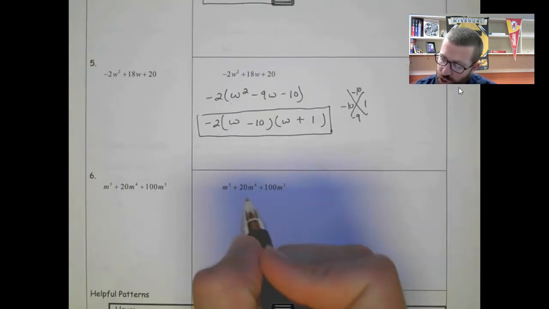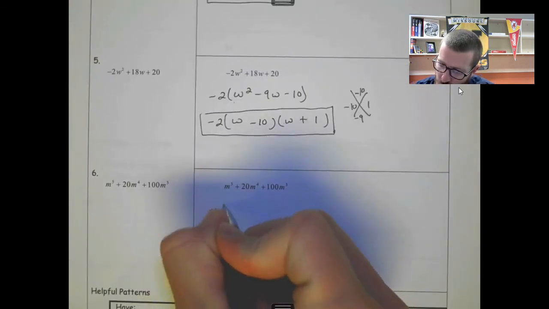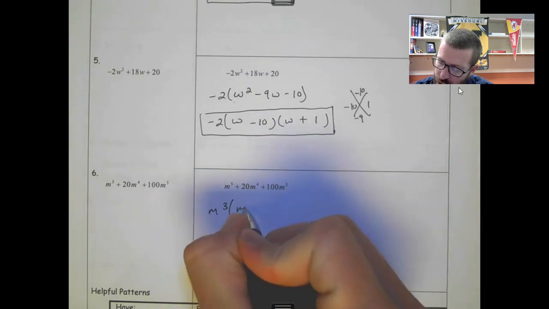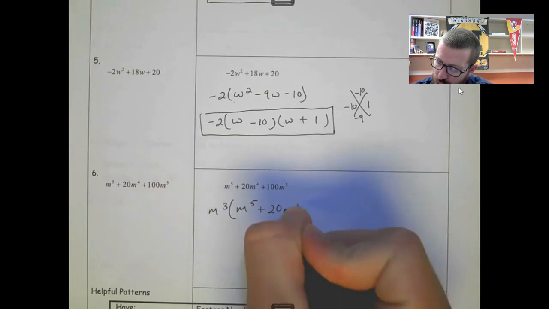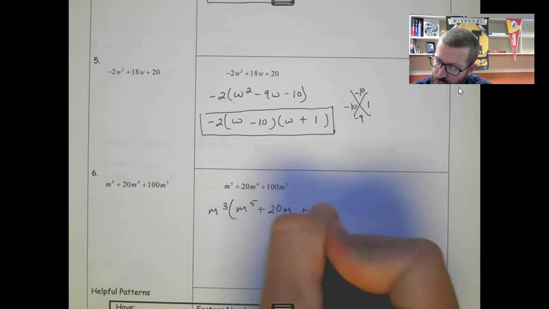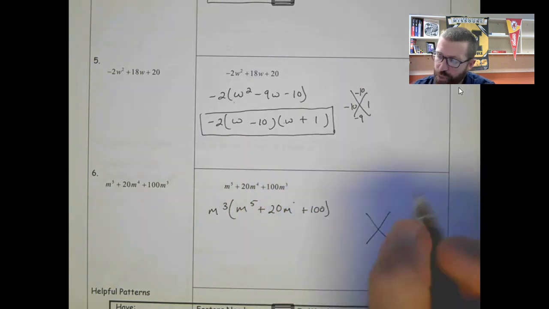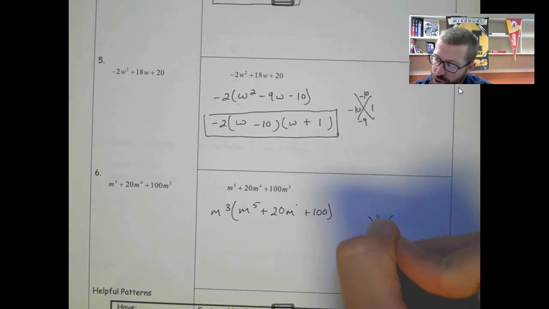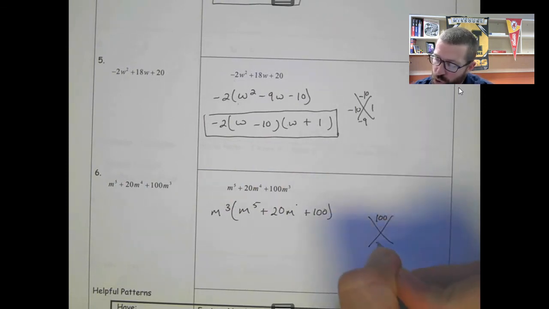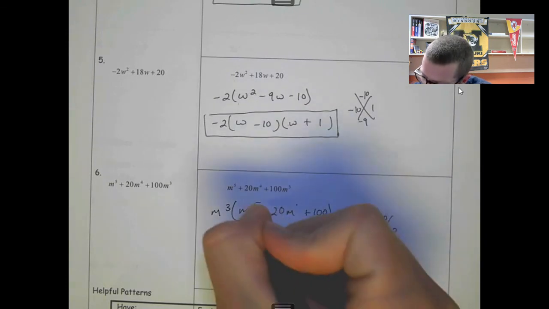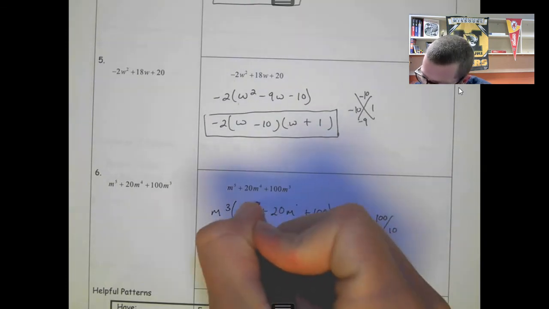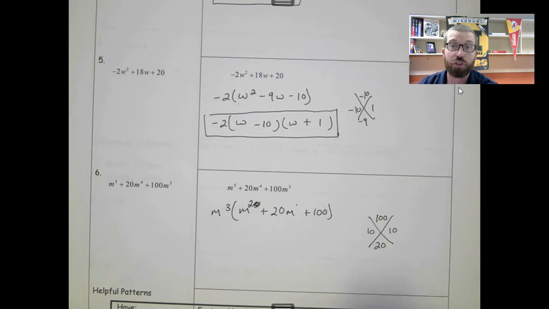Okay, then this one, once again, look for a greatest common factor, which is m cubed. And so then we're back to our quadratic form. M squared, and then plus 100. Oops, that's m to the second there, because I took out the m cubed.